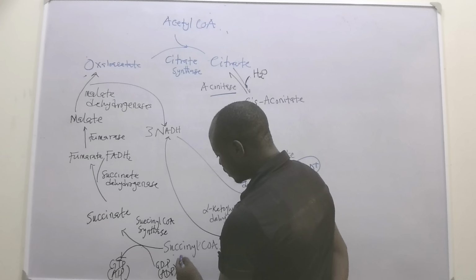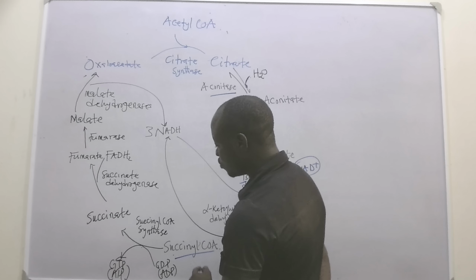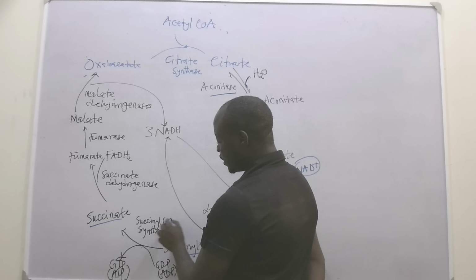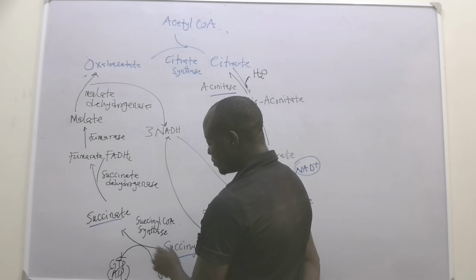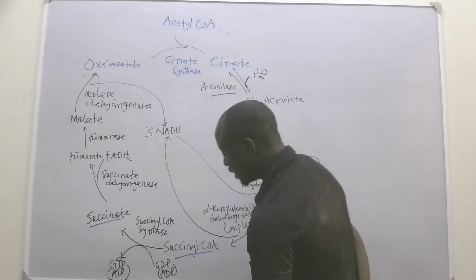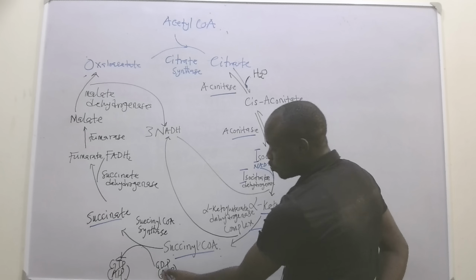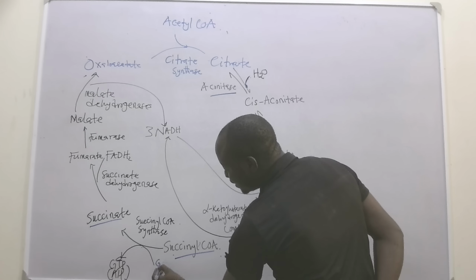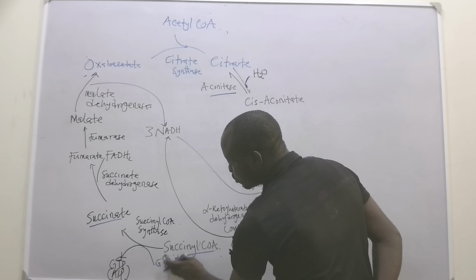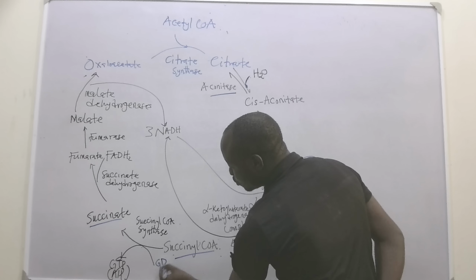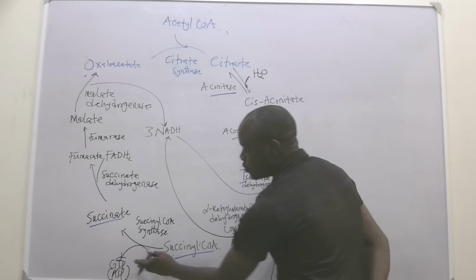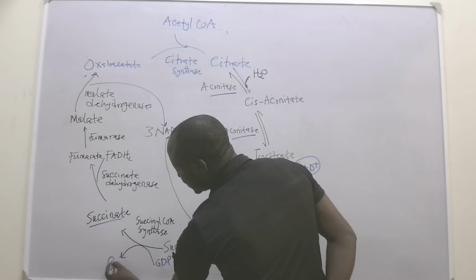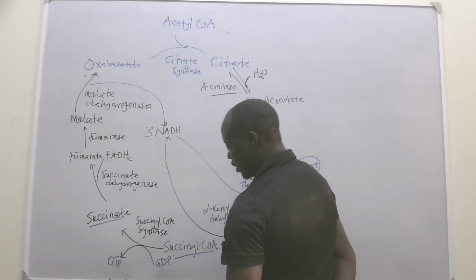The next step is when we have the succinyl-CoA, which will convert to succinate. At this step, succinyl-CoA synthetase is the enzyme that utilizes one molecule of GDP, and then one molecule of GTP is generated.